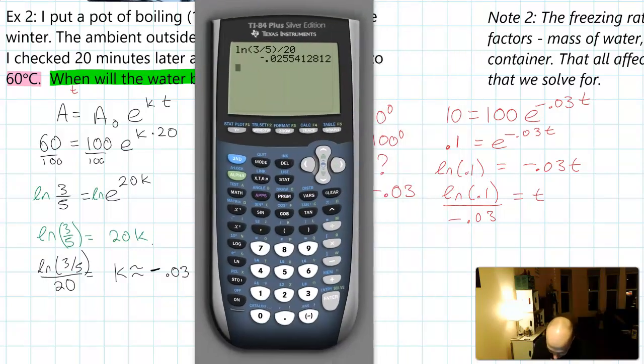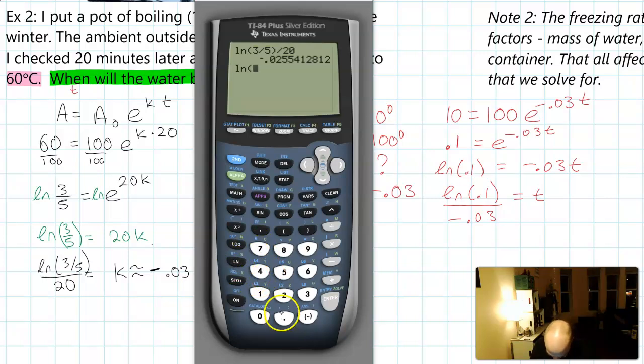Let's go to the calculator. Now, I said negative 0.03, but I'm actually going to click the up key on the calculator to get that entire value and put that entirely in there. And we get 90.15, so let's say approximately 90.2 minutes.